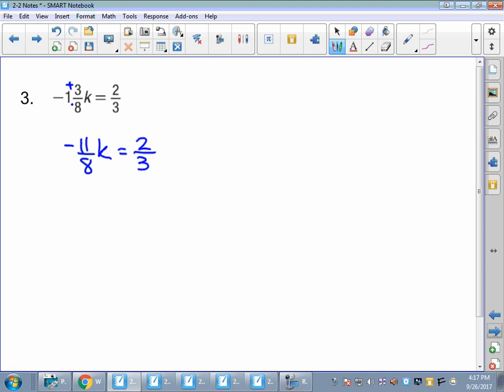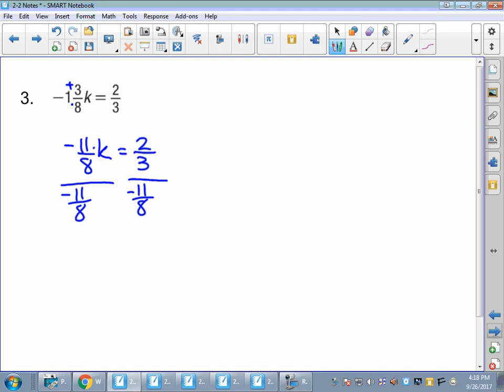2/3. I need to see right now what's happening to my variable. I got to get k by itself. K right now is being multiplied by a fraction. I need that to be a 1k. It's being multiplied, so if I divide by -11/8, that's one way to show this. Divide by -11/8.